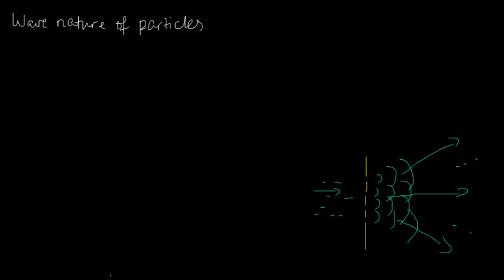Okay, let me write down the equation for the diffraction grating. Let's say that angle is theta, the spacing between the slits is d, the wavelength is lambda, and the order of the fringe is n, so that's the zero order fringe, first order fringe, and so on.